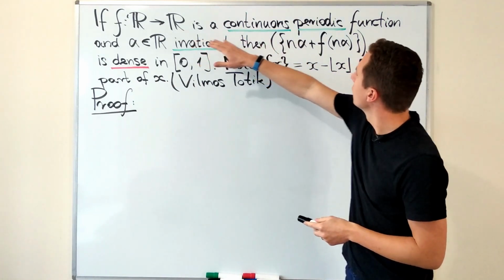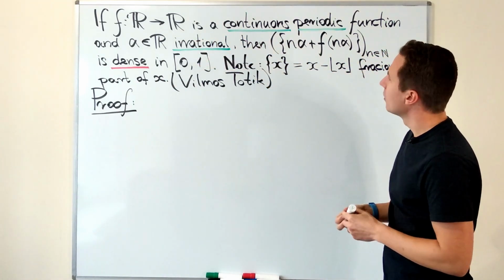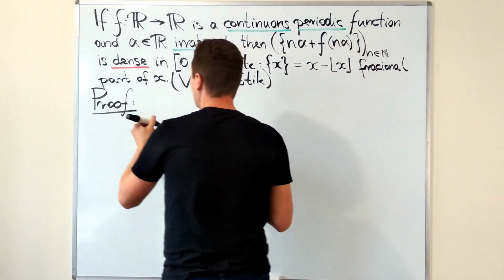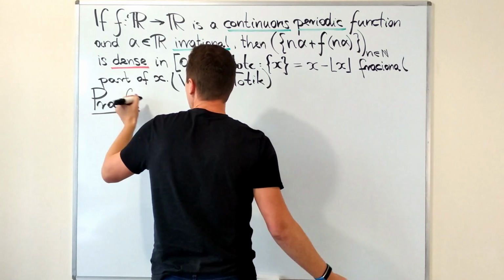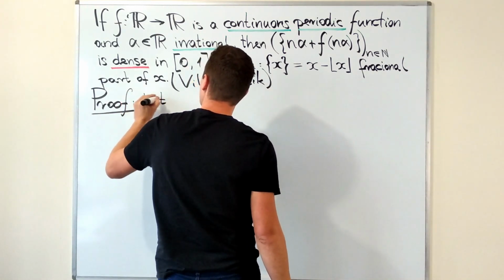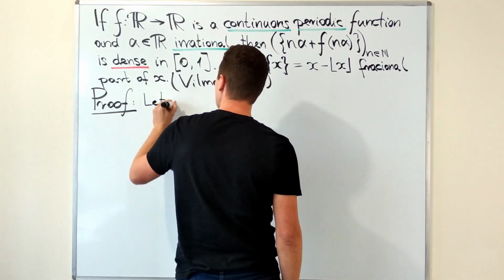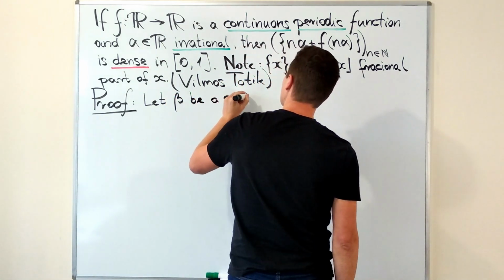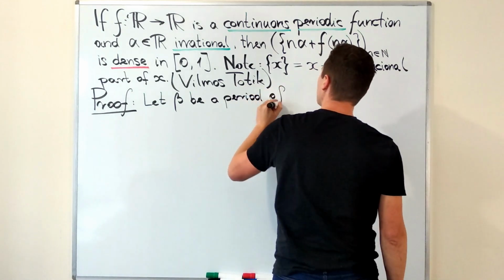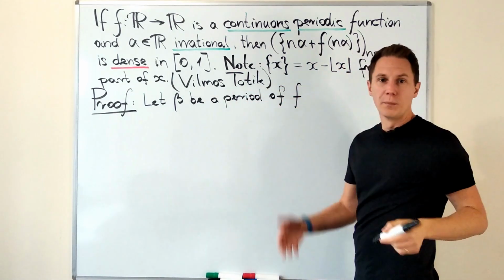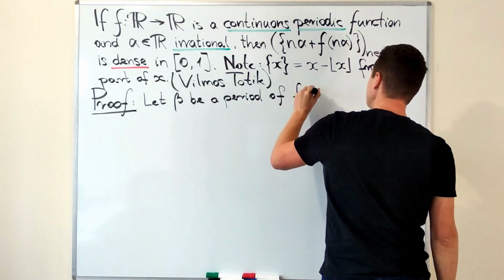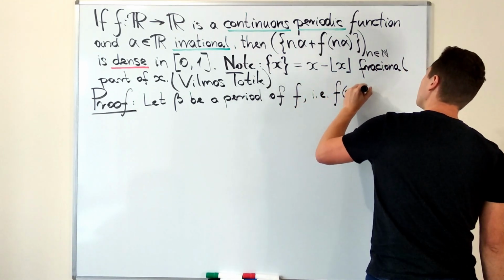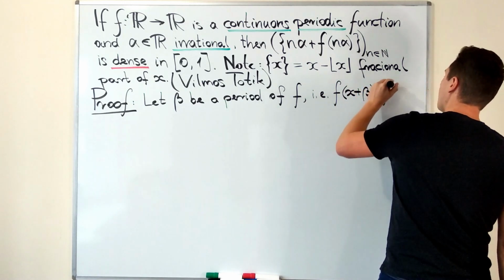So let's look at these conditions. First of all, f is periodic. Let's just introduce some notation. Let f have some period, so let's call that period beta. Let beta be a period of the function f, meaning that f of x plus beta is equal to f of x.